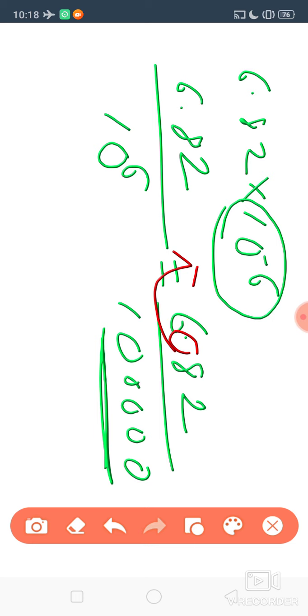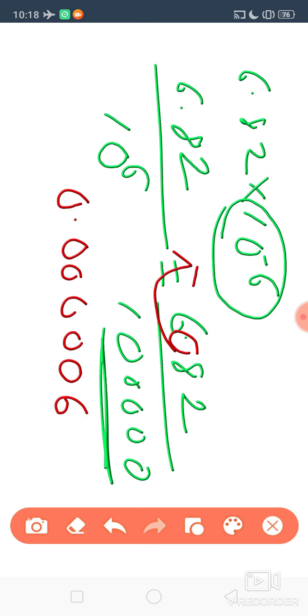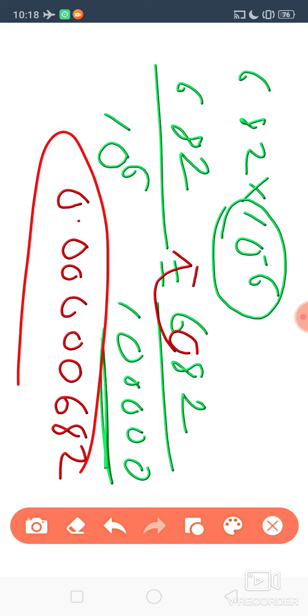So what will we write? 0.00000682. Now you can see from here the decimal has shifted 6 digits left. Got it? So this is your usual form.